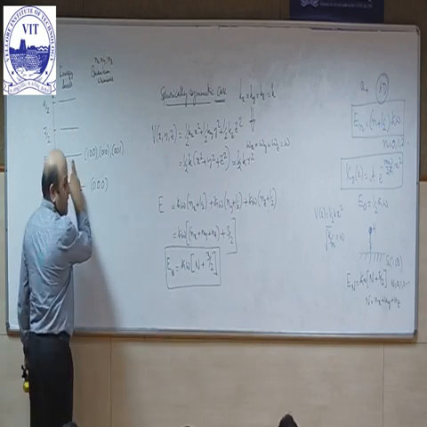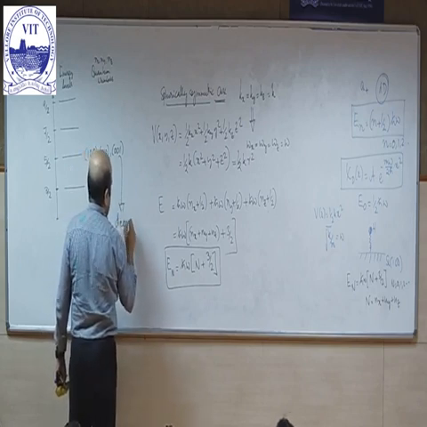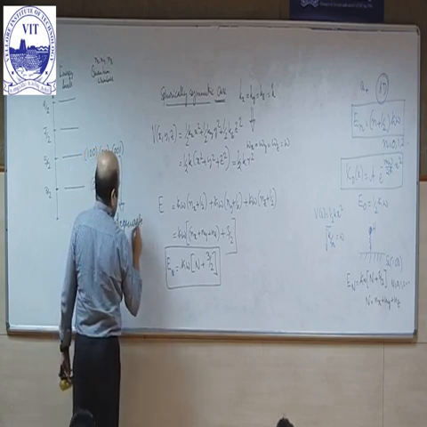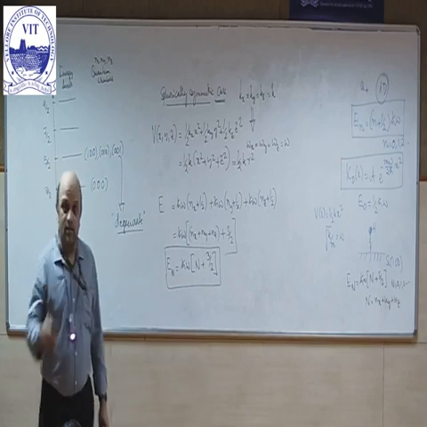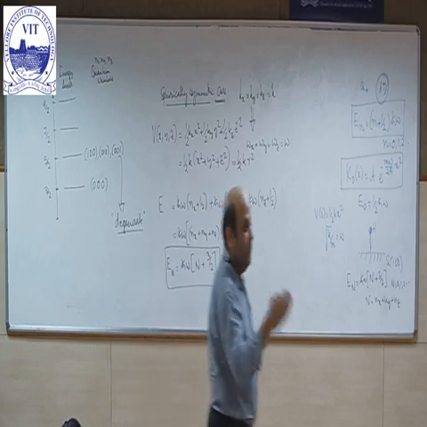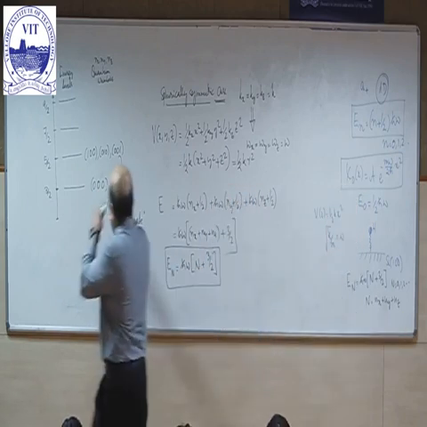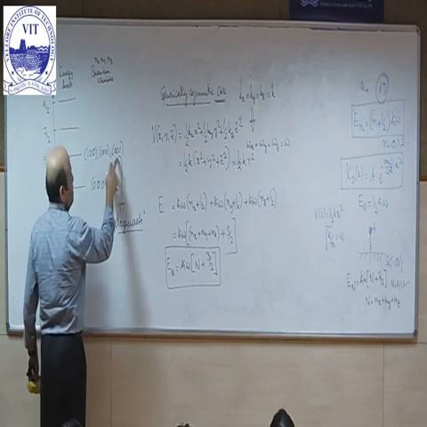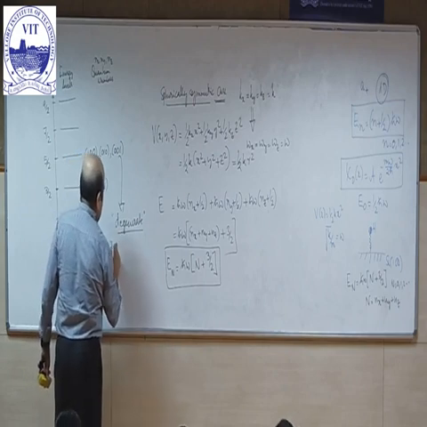So I call this a degenerate state. A degenerate energy level is an energy level which has the same value of energy for various wave functions. Here it can have three combinations of numbers nx, ny, and nz, so I can call it threefold degenerate.